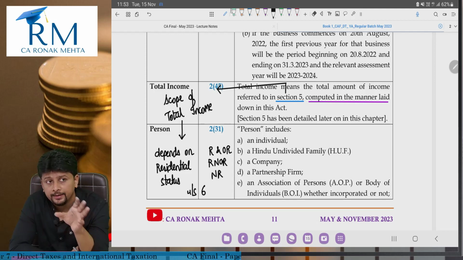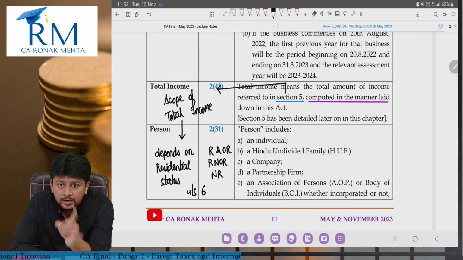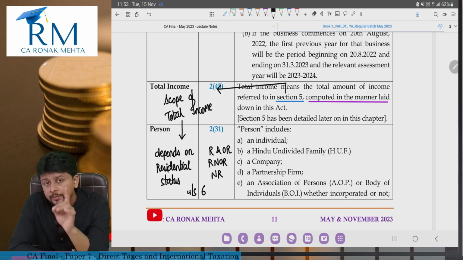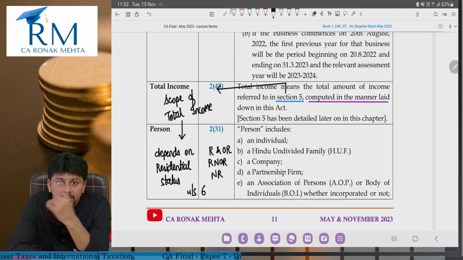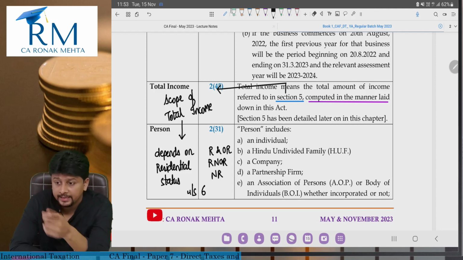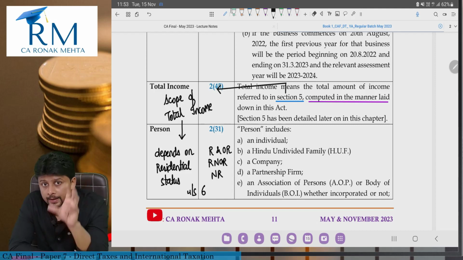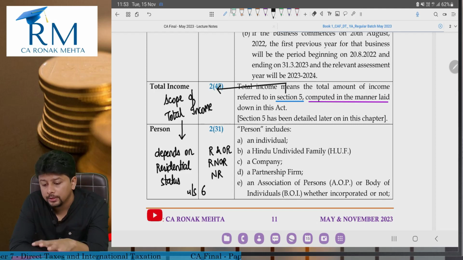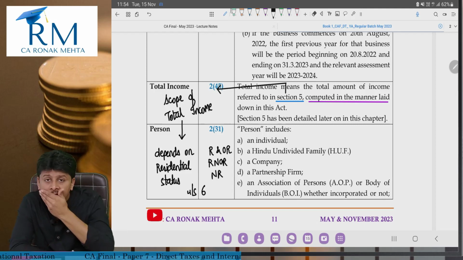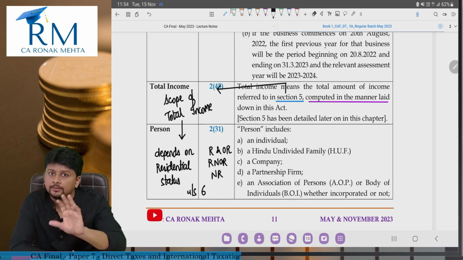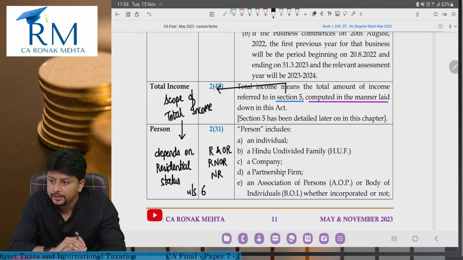But to decide whether section 5 applies to a particular income or not, we must be aware of the residential status of that taxpayer, the residential status of that assessee, and that is given to me by section 6. So my total income depends on section 5 and section 6. Half an hour, 45 minutes later, I will discuss section 5 and section 6 with you, scope of income. We'll read it from the book, we'll try to simplify it.